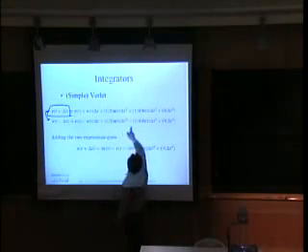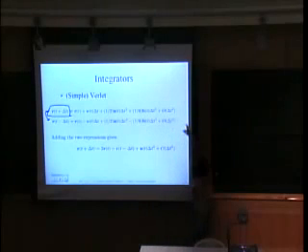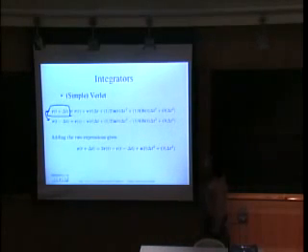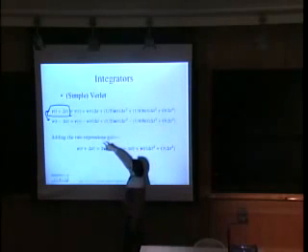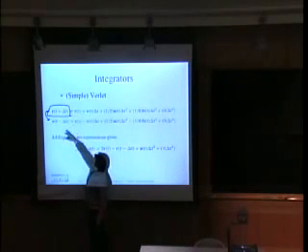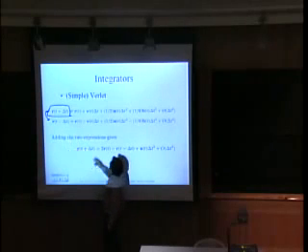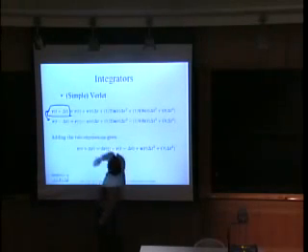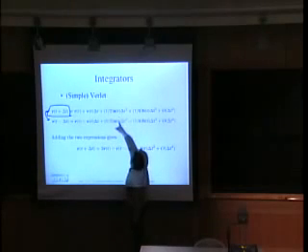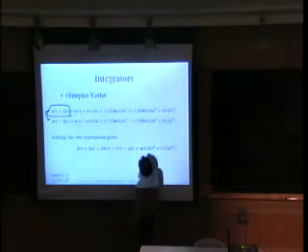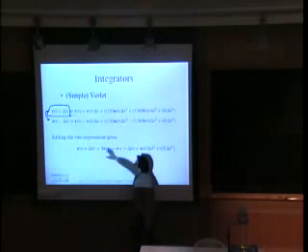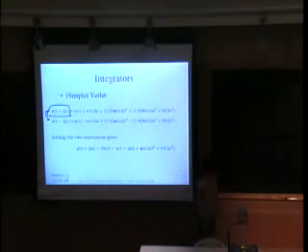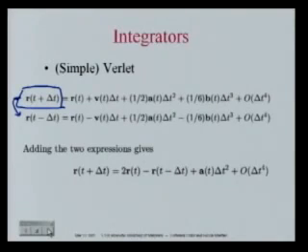This sums to 0, this sums to 0, the fifth order, seventh order, and so on sum to 0. So what we have is that r of t plus delta t plus r of t minus delta t is equal to 2 times r of t plus acceleration times delta t squared. It's just written here, and then rearrange the terms. But you see, this is the Verlet algorithm.